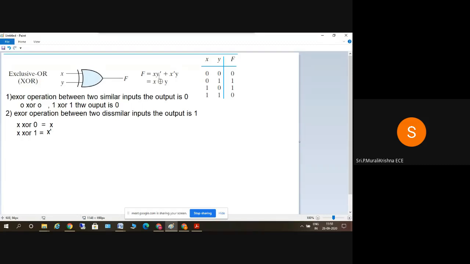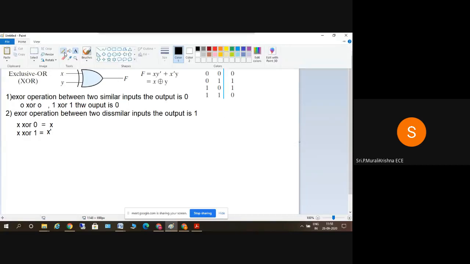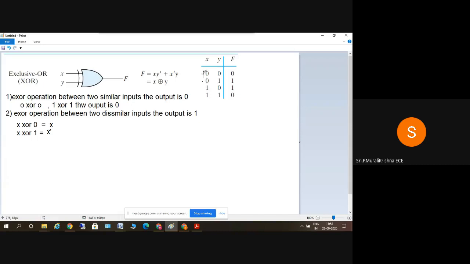So you may substitute in this equation. You can check the truth table here. You see here the value of this is x, the column, and this is y. I'll assume y as 0 or 1. I don't assume any value of x here. So this is the XOR operation with 0.